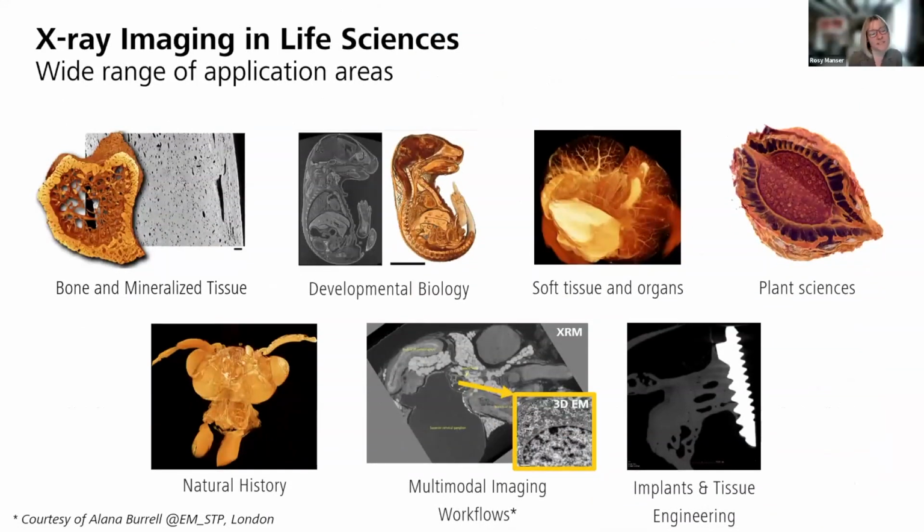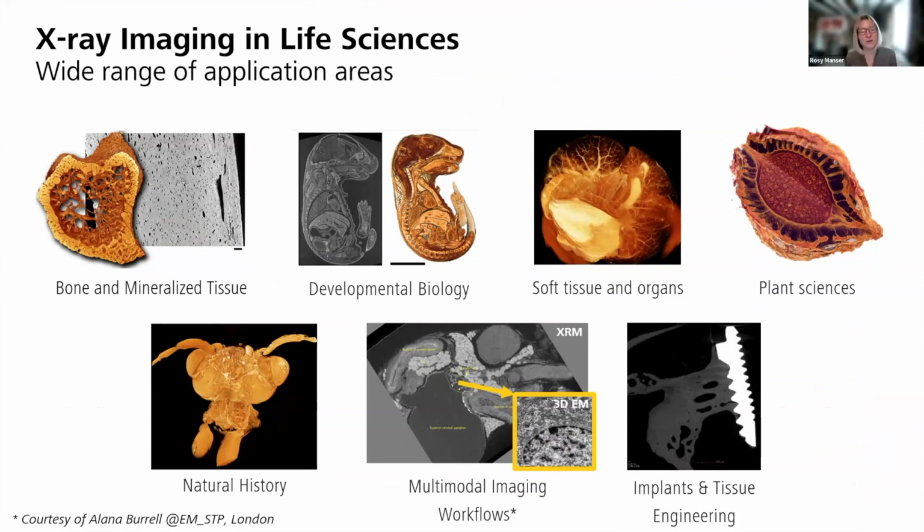For life sciences, X-ray imaging is not something that's been fundamental for many years. It's definitely an area which is growing, and what we're seeing is that there are more and more micro CT and X-ray microscope systems in facilities, because of the complementary nature of this technology relative to other microscopy types.